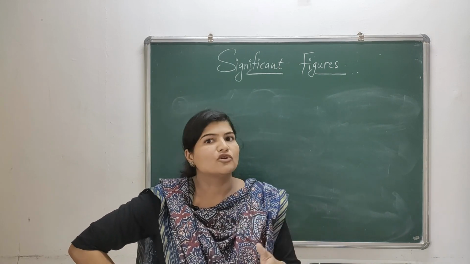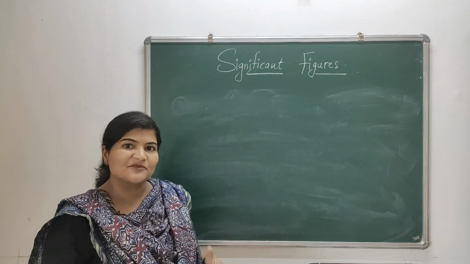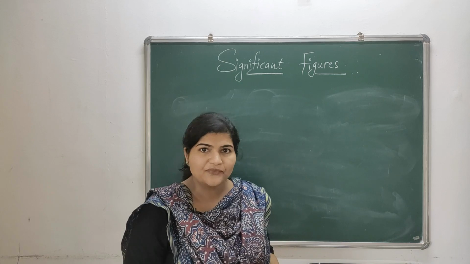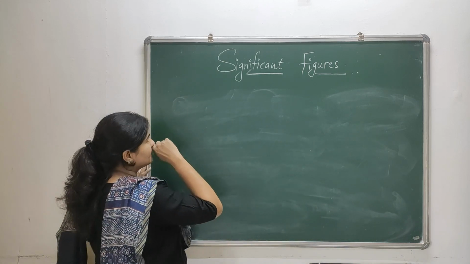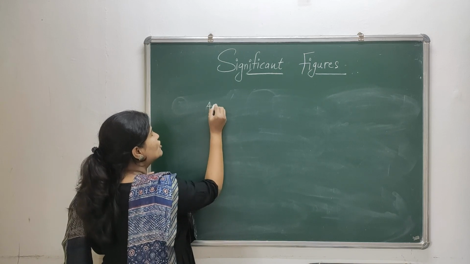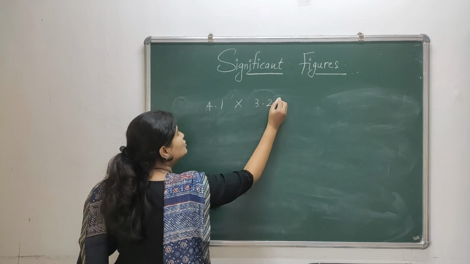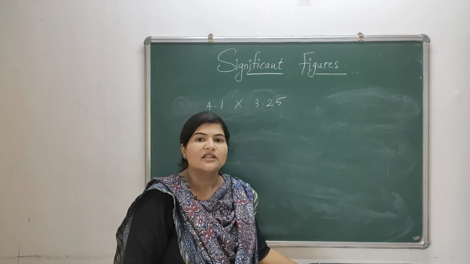Now we have understood how to count the significant figures, but wait, there is one more important point I want to discuss. Suppose we are doing addition, subtraction, multiplication or division of these numbers. Let us take an example of multiplication: 4.1 into 3.25. I have to multiply these two. Now how will I do it?